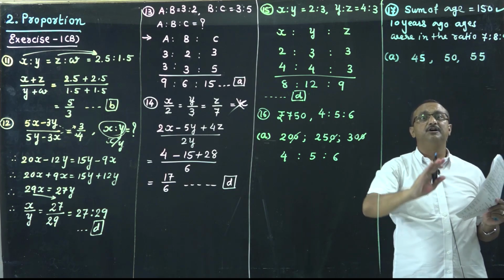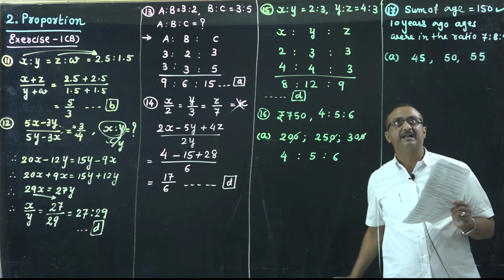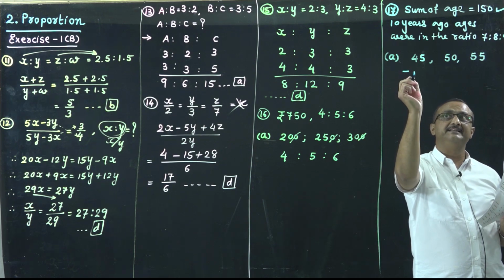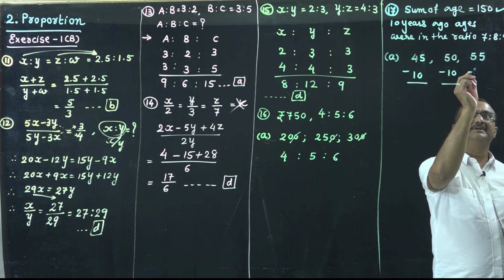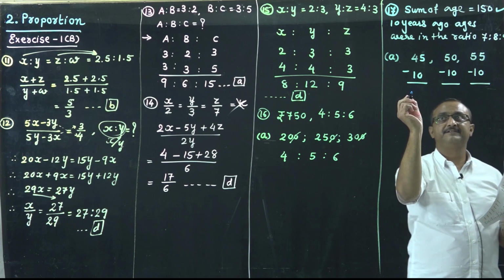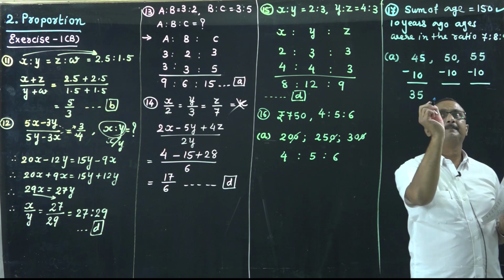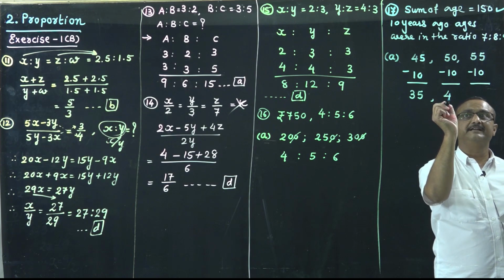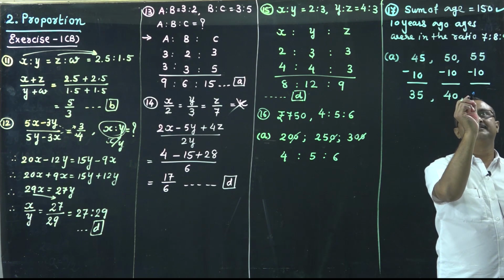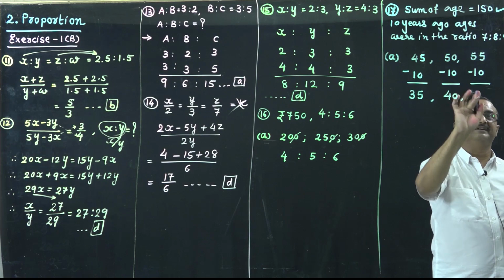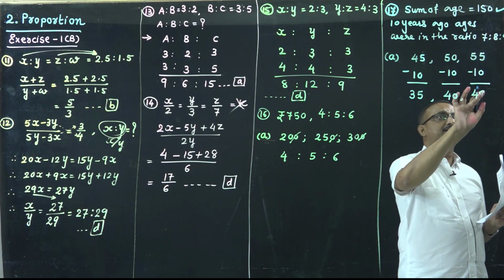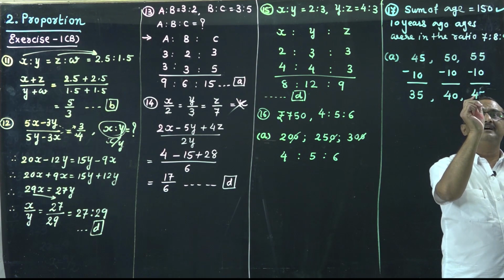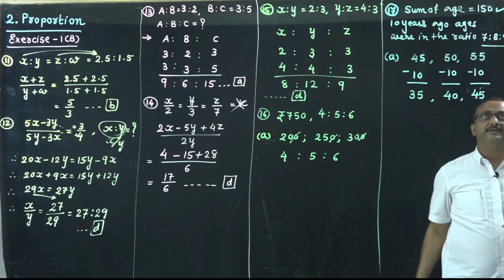Now 10 years ago, so subtract 10 years from all of them. Minus 10, minus 10. What is left? 35, here 40 and here 50. Sorry, 45. 10 years ago their ages were in the ratio 7:8:9.